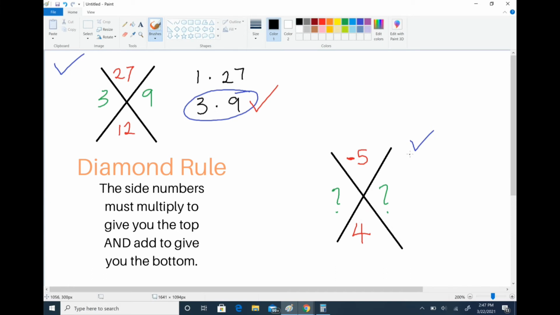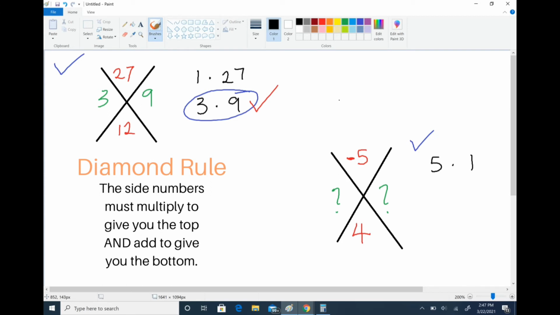So what are two things that can multiply to give you -5? I always just try to make positive combinations first. So 5 times 1 gives me 5. But I want to get -5 on top, but also get 4 on the bottom through addition.